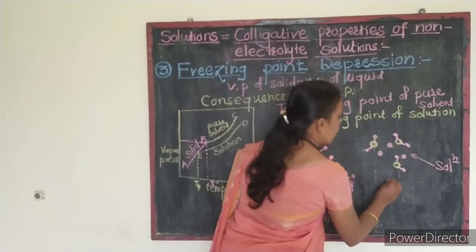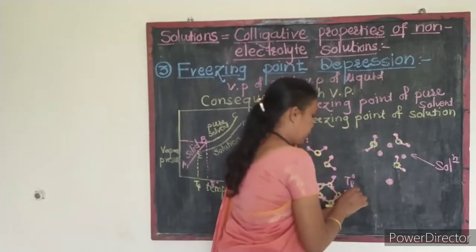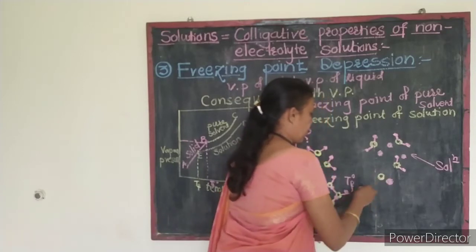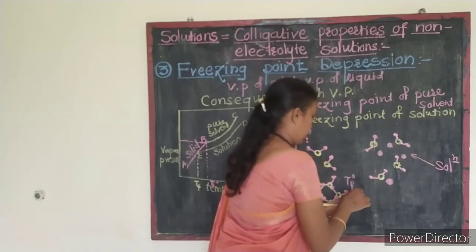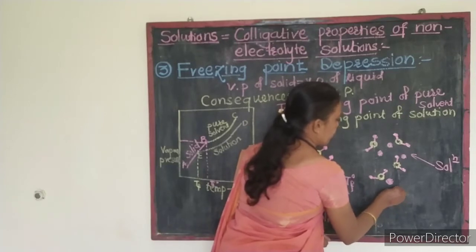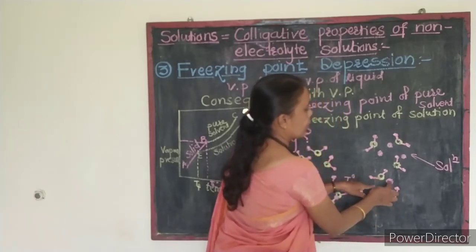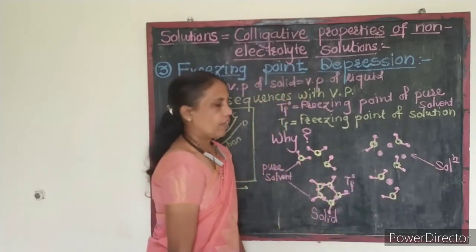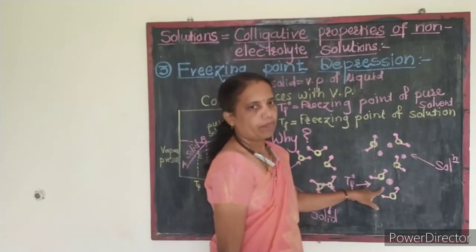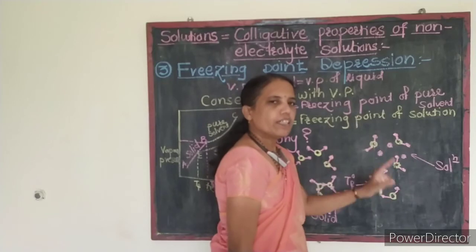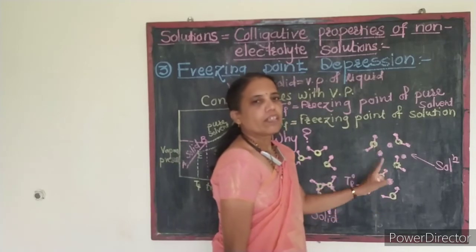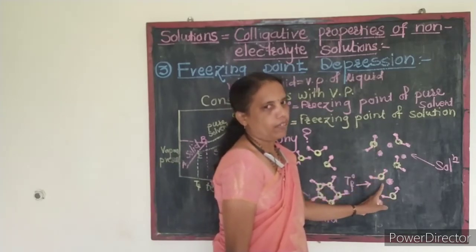Because when these want to come closer, there are solute particles which are an obstacle. If these solvent molecules try to come closer, solute particles are there, and due to this, at this temperature it does not solidify. If you decrease the temperature again, it solidifies, and therefore freezing point depression occurs.